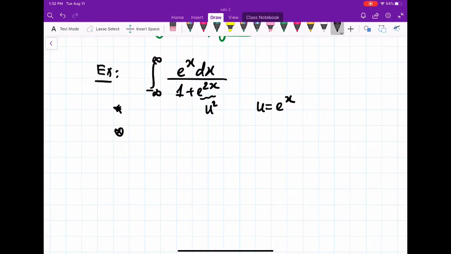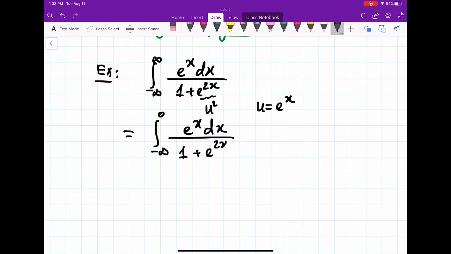Since negative infinity and positive infinity are both improper points, we need to break this integral into two integrals. Let's do this. That is the integral from negative infinity to 0 of e to the x dx over 1 plus e to 2x, plus the integral from 0 to infinity of e to the x over 1 plus e to 2x.